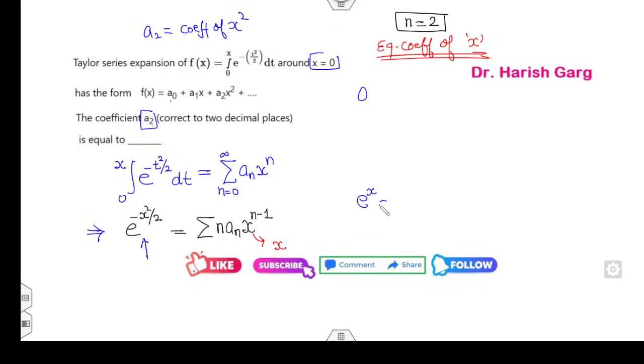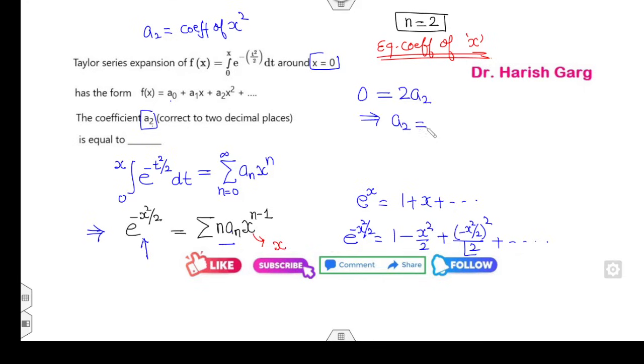The series is 1, but you need x square by 2, that will be minus x square by 2, minus x square by 2 square divided by 2 factorial and so on. Do you get any terms of x? No. Left hand side, right hand side will be, when you take n is 2, twice of a2. That means a2 will be 0, which is the right answer of the problem.